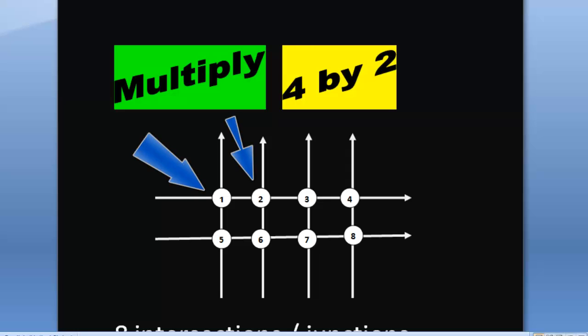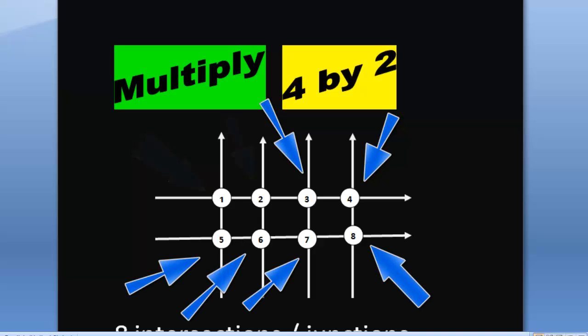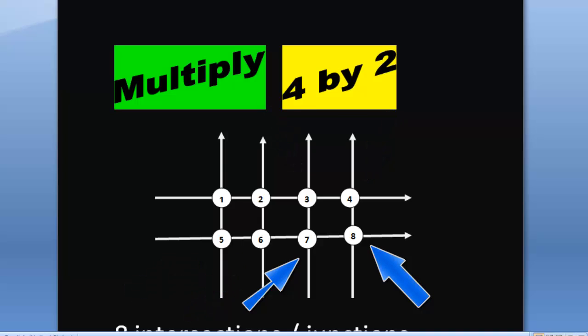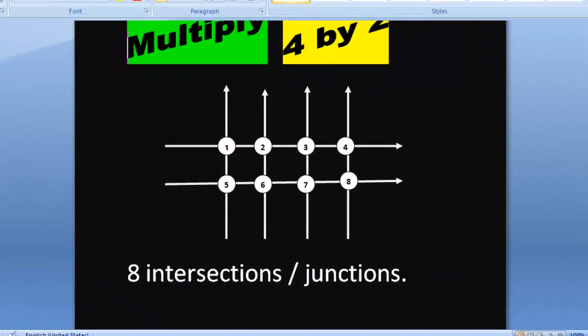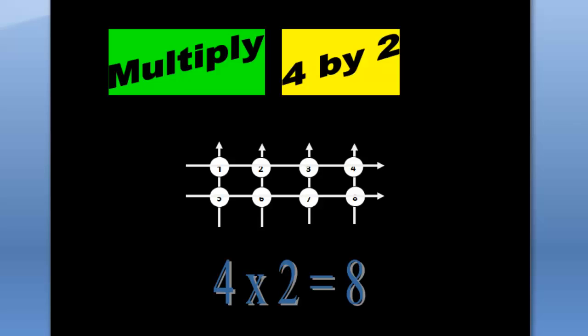When 4 is multiplied by 2, we get 1, 2, 3, 4, 5, 6, 7, 8 intersections, which is clearly shown in the figure. Hence, since there are 8 intersections, our answer is 8.